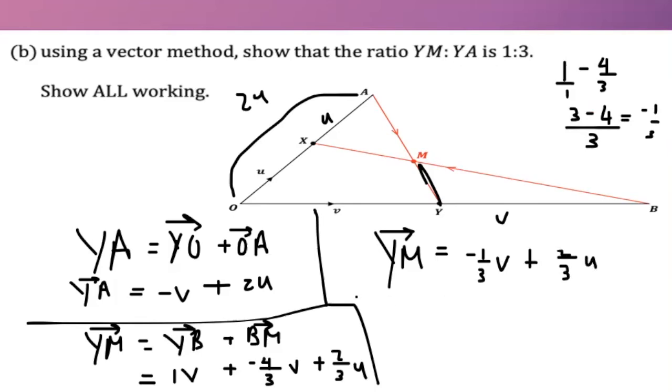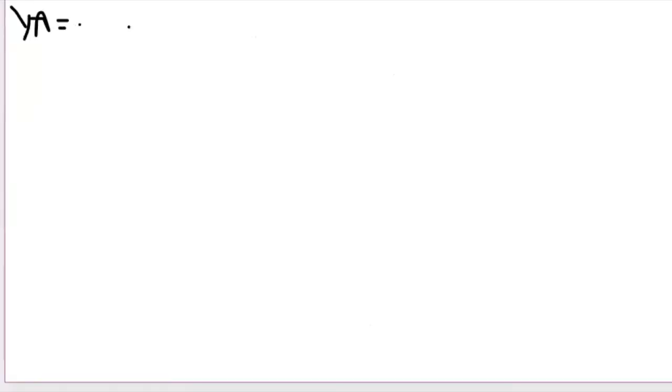So let's look at what we have here. And I am going to just go ahead and put this on the next slide. YA is equal to minus v plus 2u. That's YA.